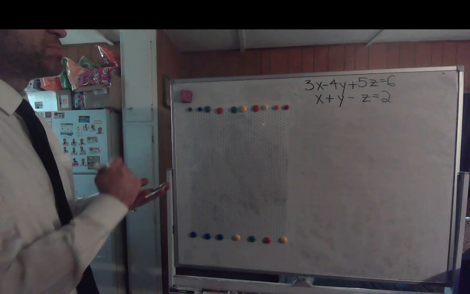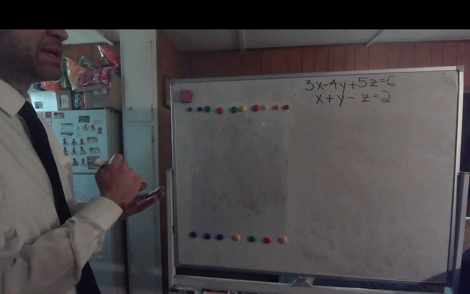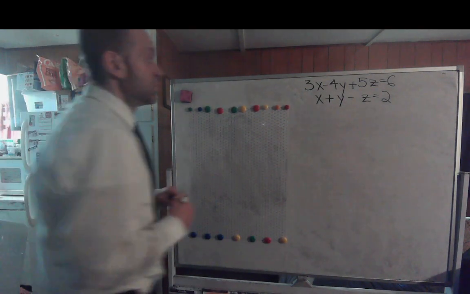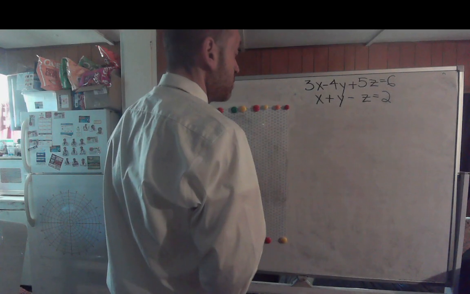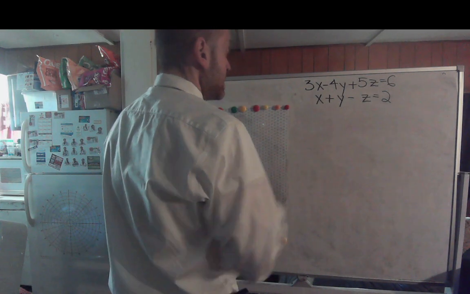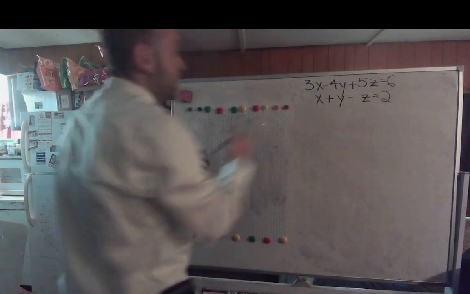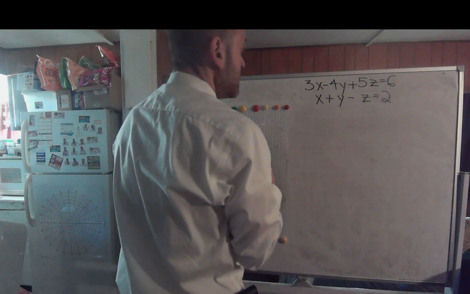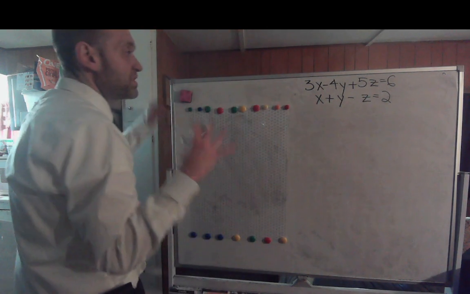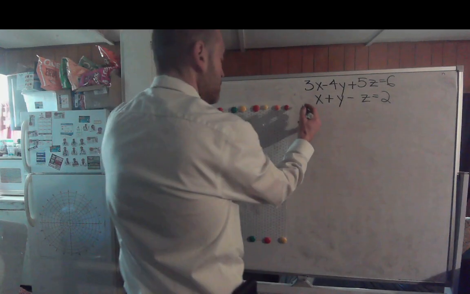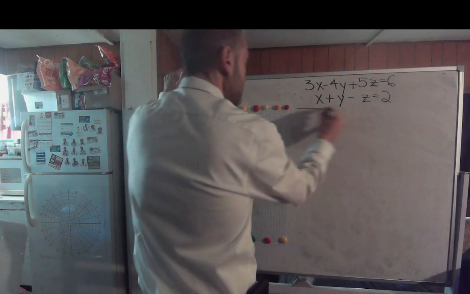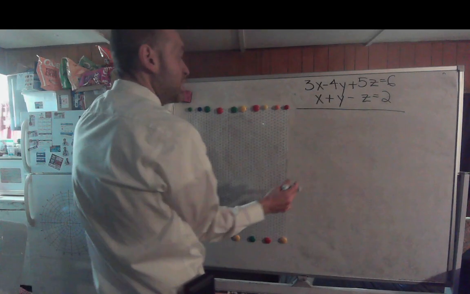If we want to pick our variable for elimination, well, why don't we pick, let's go ahead and pick y. No, actually, let's pick x. I think it's safe to stick with x. So we're going to multiply the second row by -3.